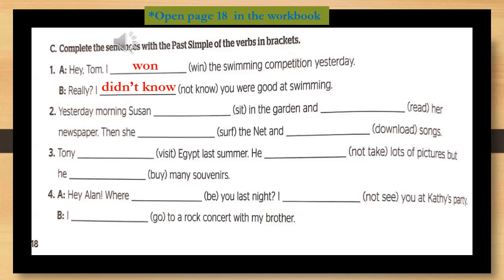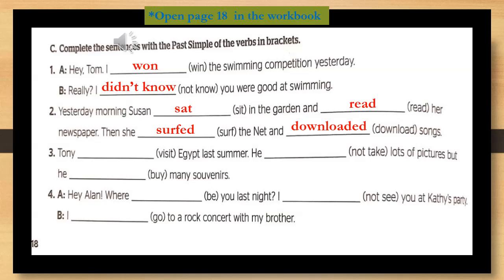I need all of these verbs to be in the past. So, yesterday morning, Susan sat in the garden and what's the past of the verb read? It will be read. And read her newspaper. Then she surfed, you will just put ed, the net and downloaded songs.